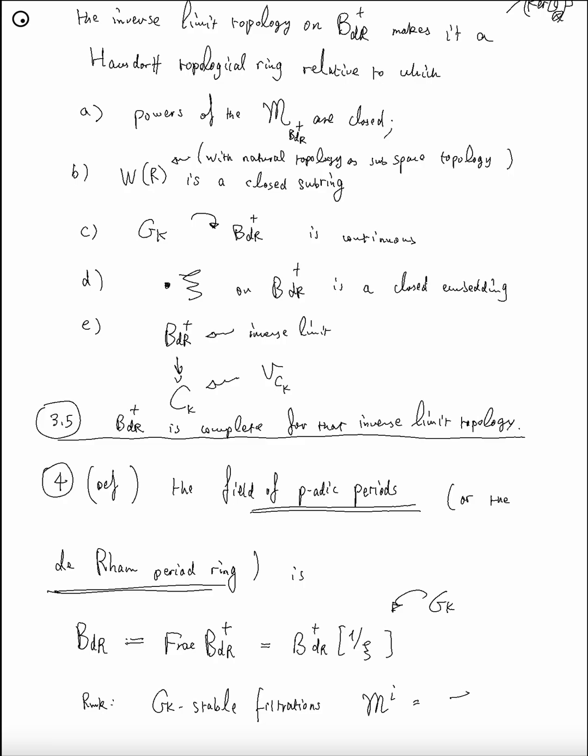So this is just powers of C, right? This gives you a filtration on this B_dR.